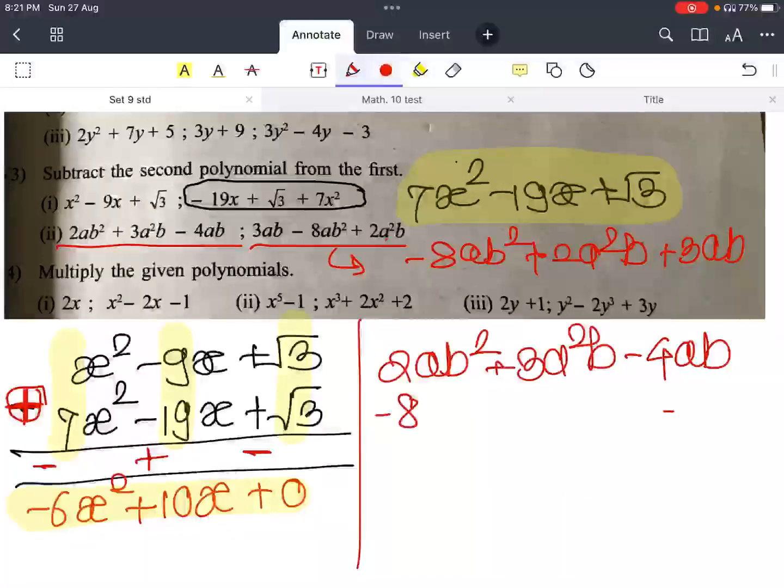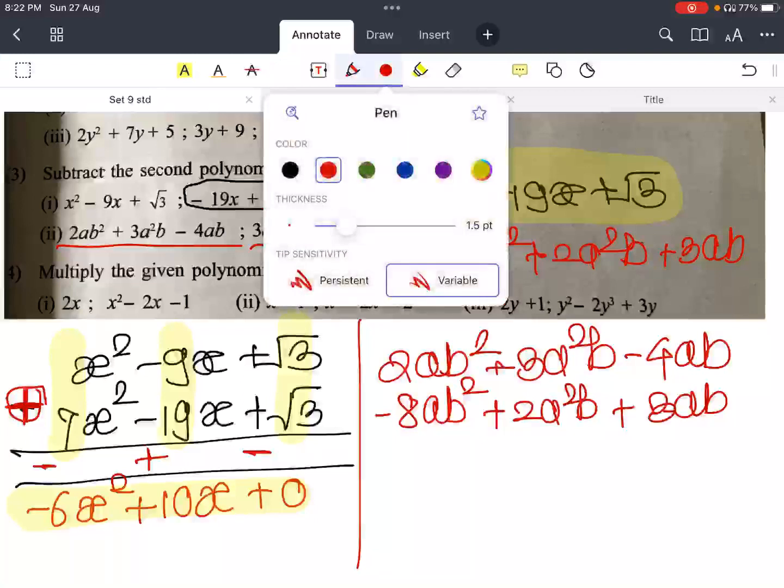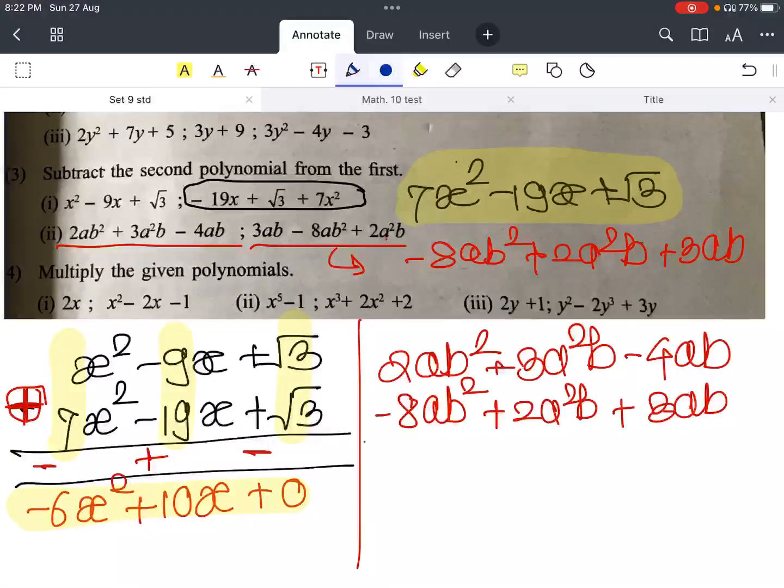Now subtract minus 8ab square plus 2a square b plus 3ab. Okay, so outside the bracket minus is there.